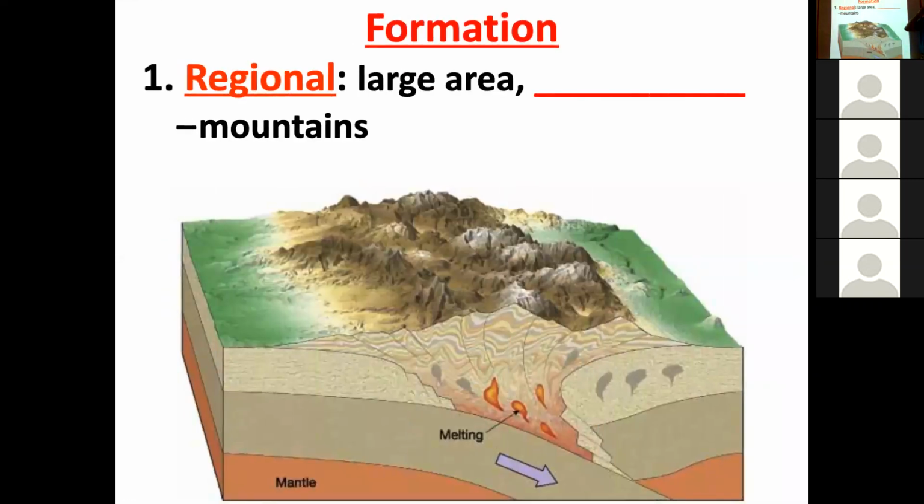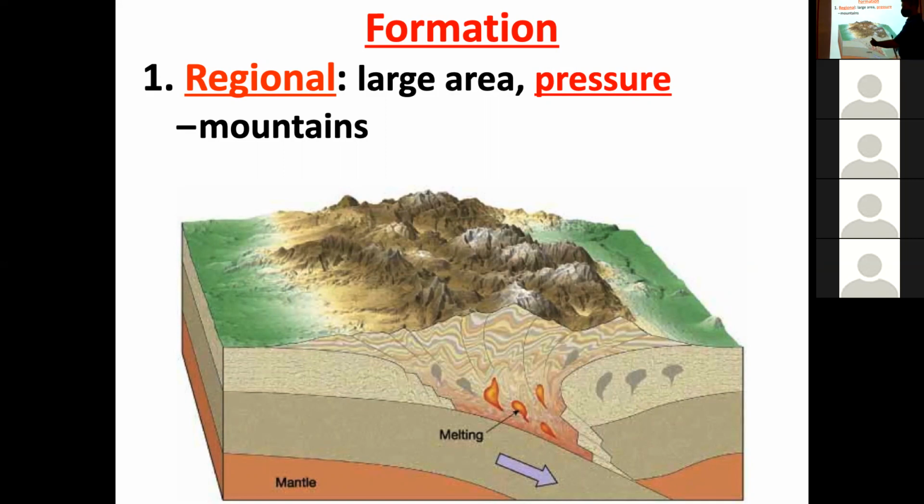All right, a couple different types of formation, or the way that these metamorphic rocks are formed. The first one is regional. So this covers a large area. The big thing of that is it's caused by pressure. This happens a lot where plates are moving towards each other.